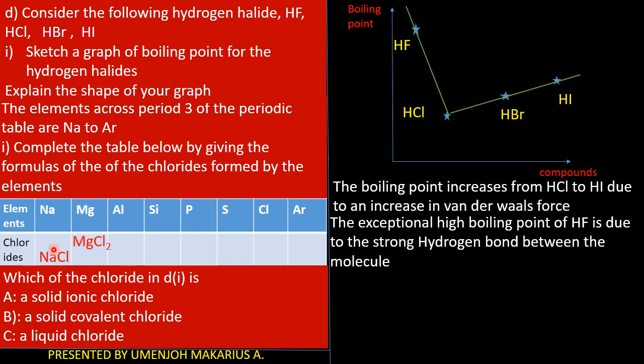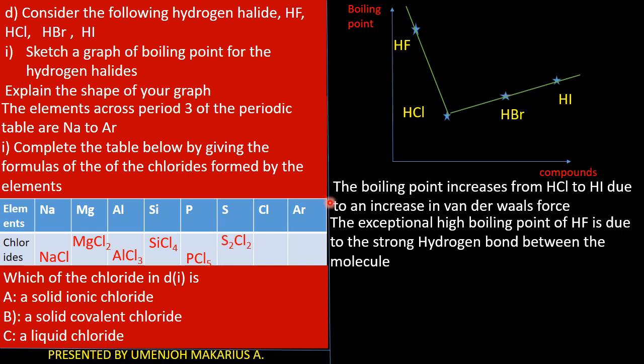Good. Then for aluminium, you can bring the dimer, no problem. That's Al2Cl6, and that's going to be accepted. But I'm going to bring the simplest form, AlCl3. Good. Then for silicon, of course, we all know it is silicon tetrachloride. For phosphorus, we know it to be PCl5, or you can write PCl3, it's still good.